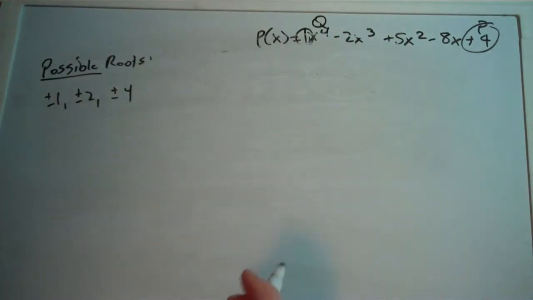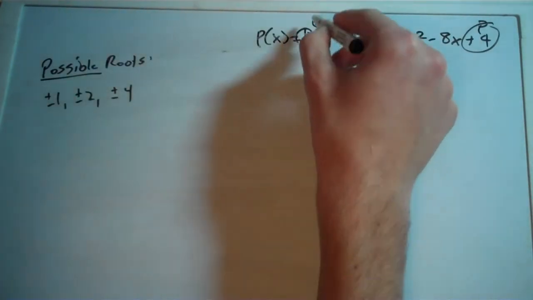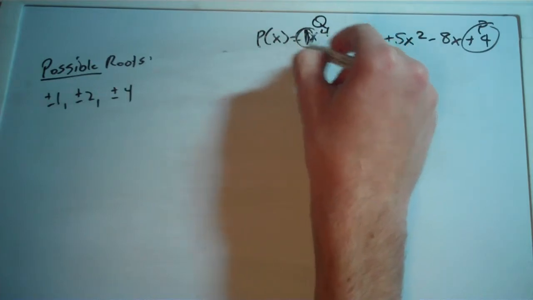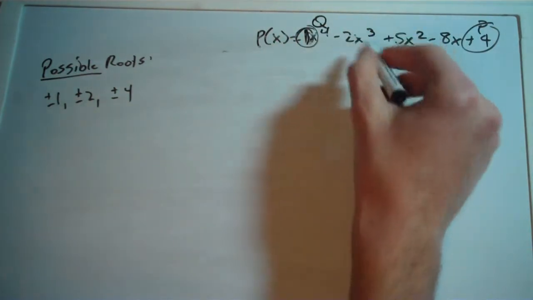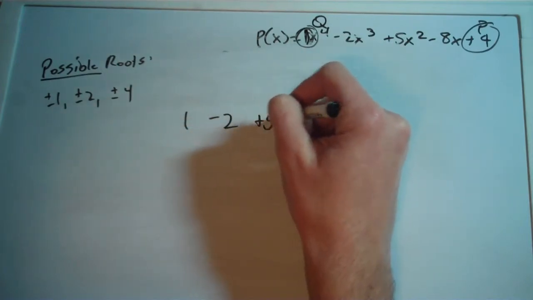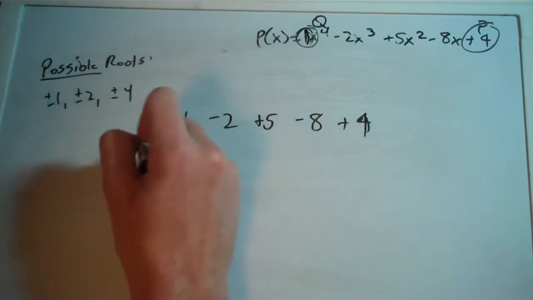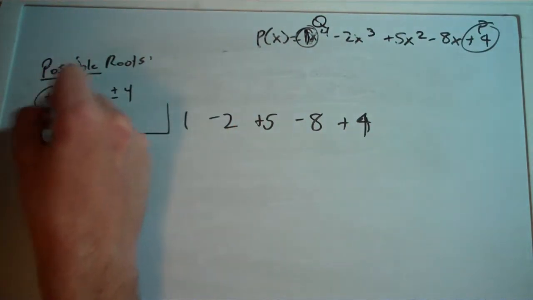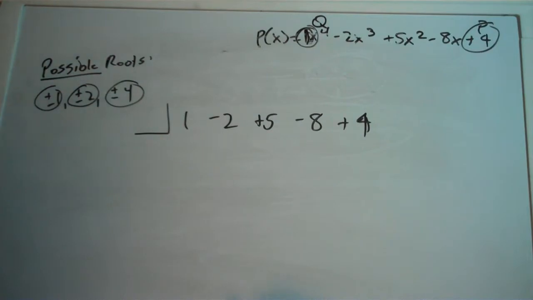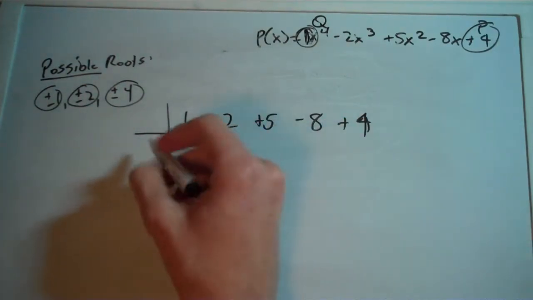And this is where the whole process gets a little bit tedious. So first we're going to look at only the coefficients of our polynomial that's given to us. So we're going to have 1, negative 2, positive 5, negative 8, and positive 4. And so we're going to test all 6 of these roots to see which one gives us a remainder of 0 through the process of synthetic division.